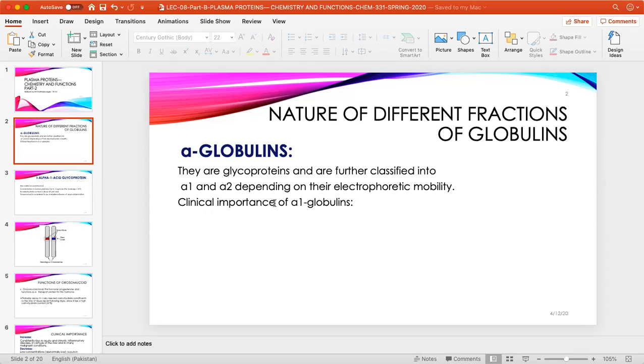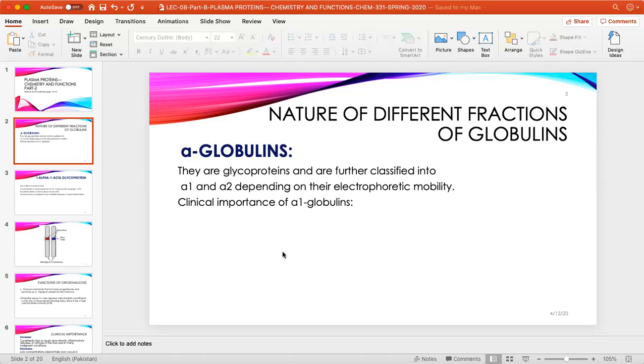So alpha globulins are glycoproteins, and we have further classified them as per the electrophoretic mobility, that is, according to their rate of migration per unit field, into alpha 1 and alpha 2.